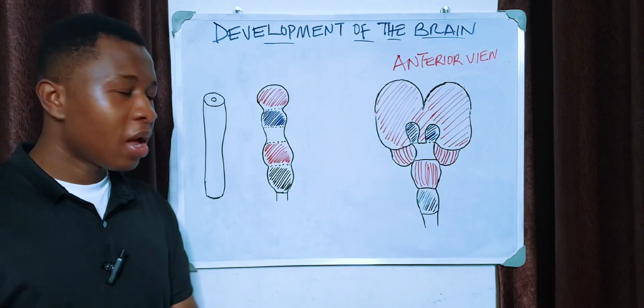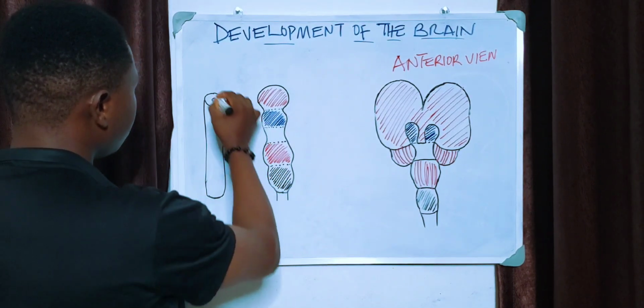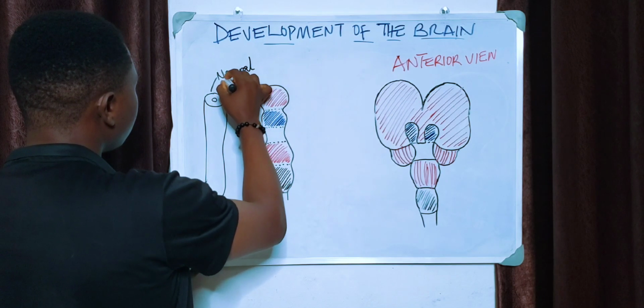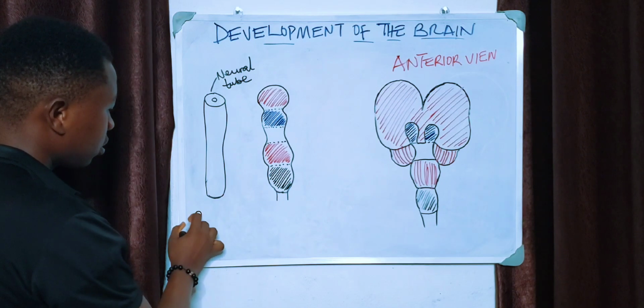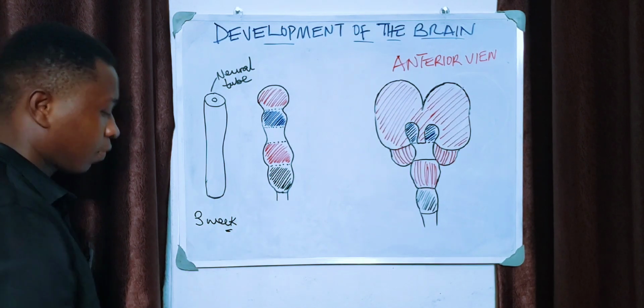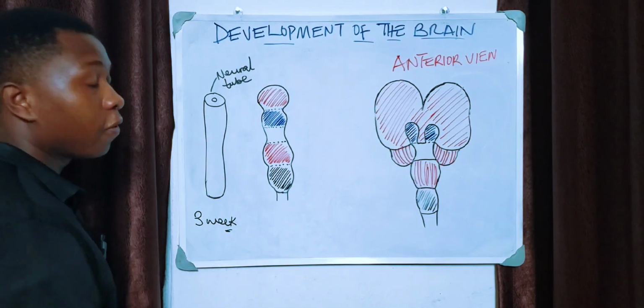And that hollow tube is called the neural tube. This is about 3 weeks of gestation. Okay, so at 3 weeks of gestation, this structure is formed.